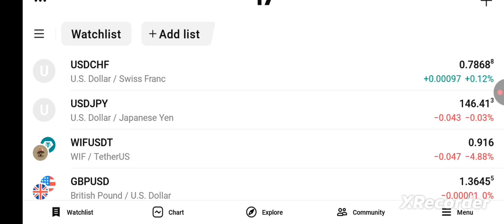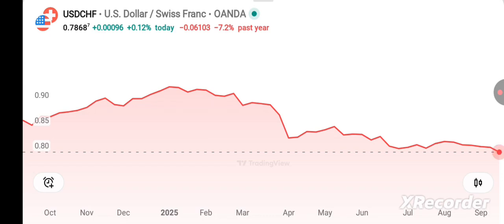Basically, I'm in love with this USD CHF because I took a trade on it yesterday. It was really massive.